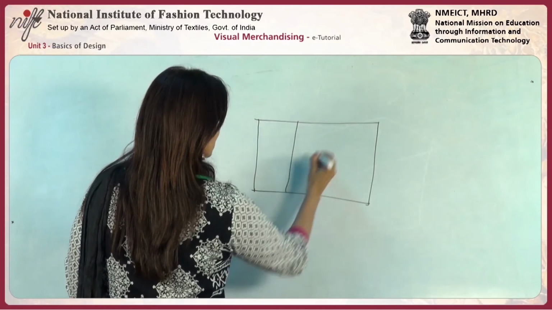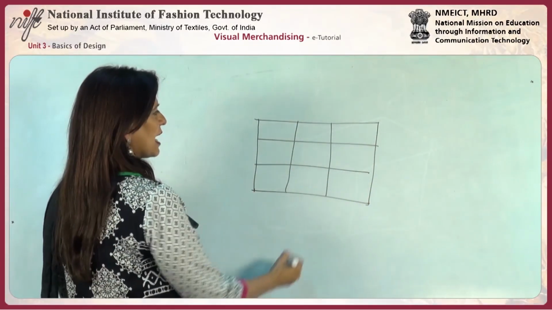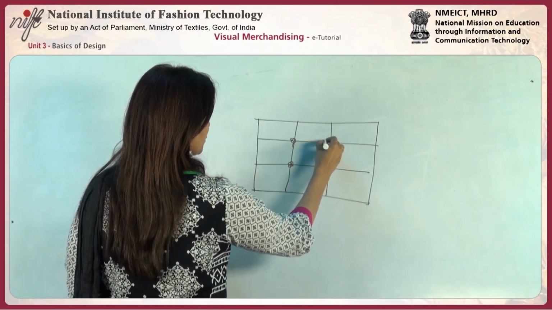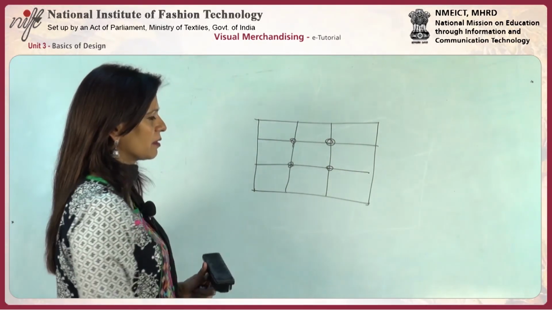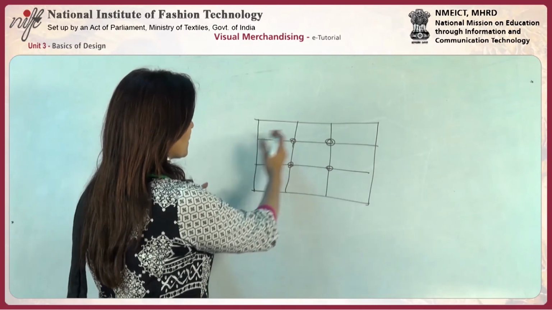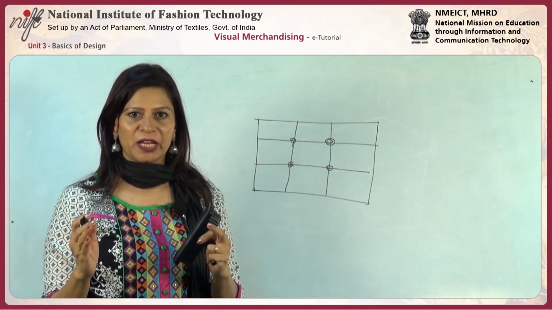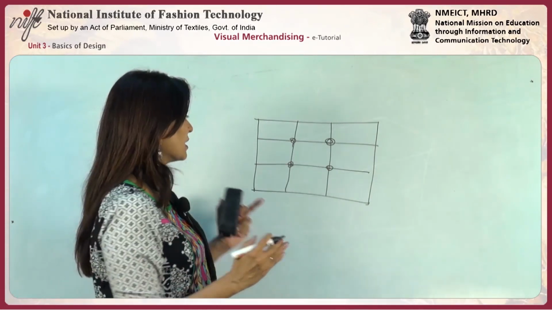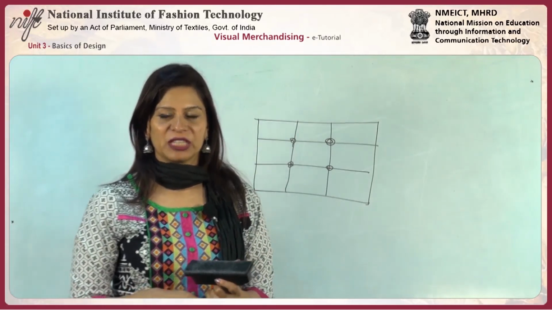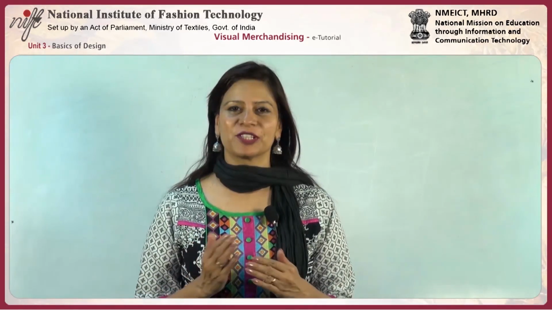I divide it into 9 squares and then I take my focal points around these areas. So that is how a picture is composed. In the same manner, a visual display is also composed and your images should lie within these rule of thirds, within these 9 squares. You've come to the end of this unit.